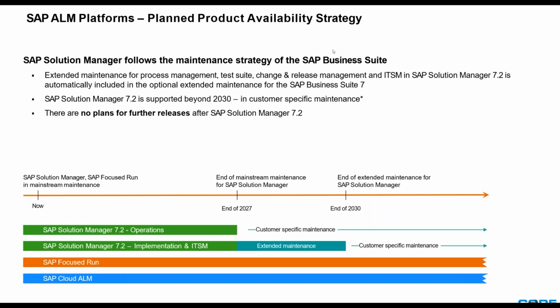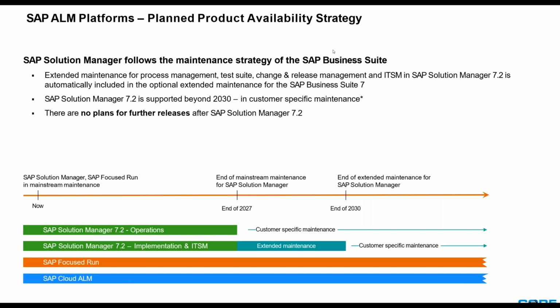For both of these, there's really no plan for further releases after SAP Solution Manager 7.2. Besides the current support packs, there's not going to be any additional release, like a 7.3 Solution Manager or something of that nature.